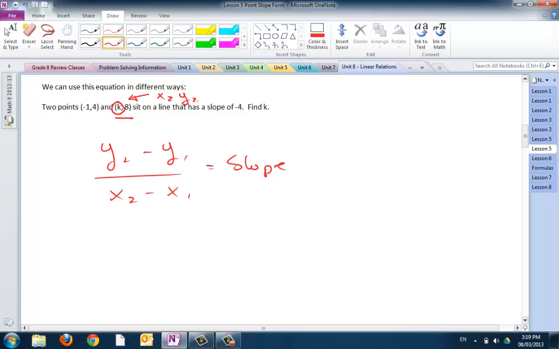And so that gives me 8 minus 4 over k. There's my variable going in for the x2, minus a -1. And we've been told that the slope is equal to -4.